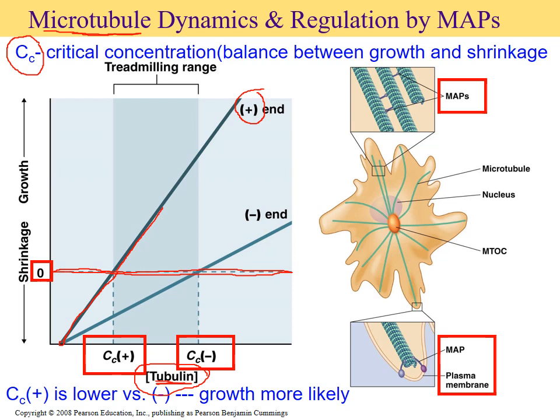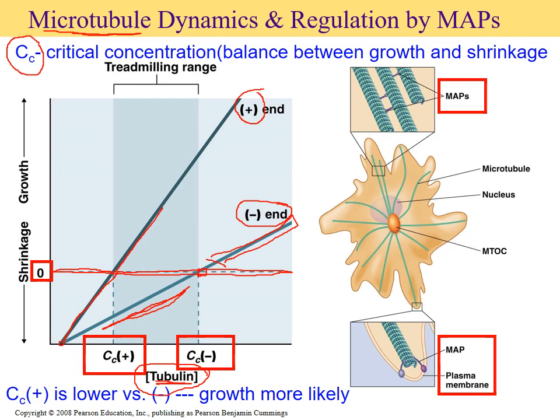On the other hand, the negative end of your microtubule takes a lot longer for it to reach its zero mark. Before that, it's doing a lot of shrinkage. So it requires much higher levels of tubulin for the negative end to grow. And most of the time, the cell does not have access to that much tubulin.